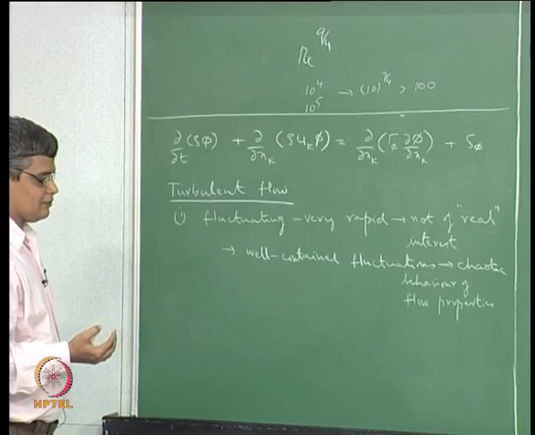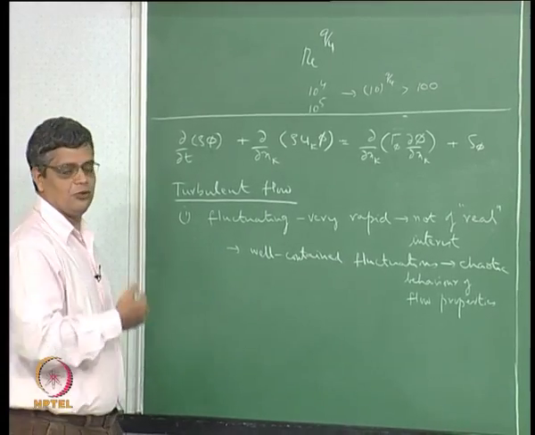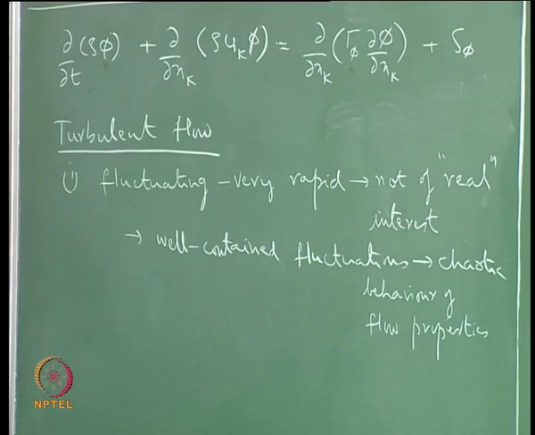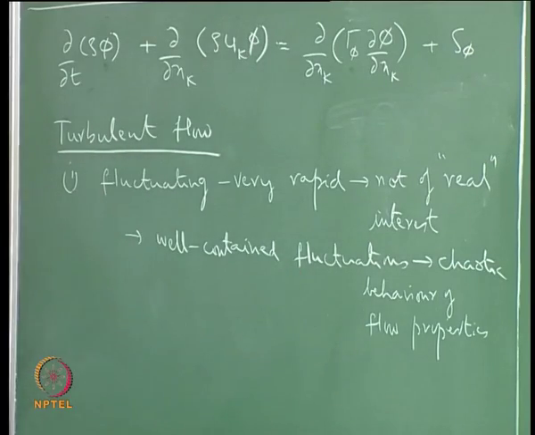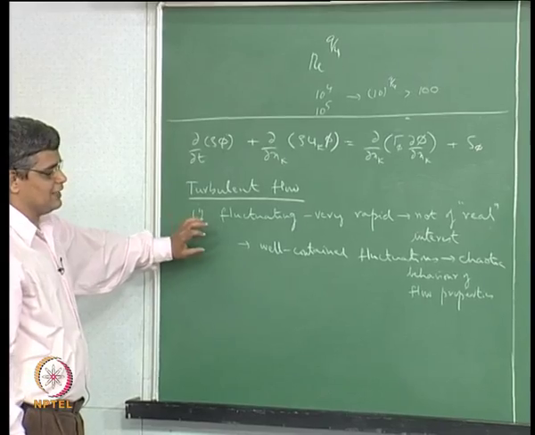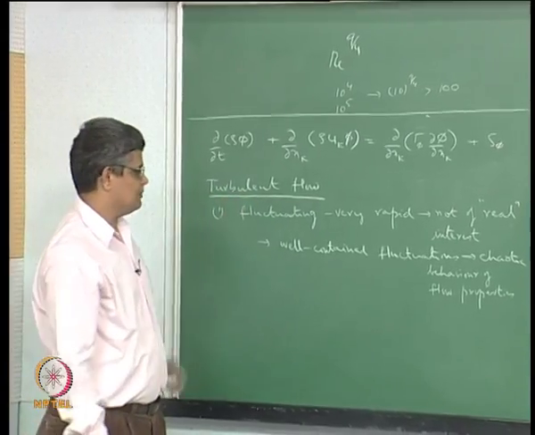Therefore, it is sufficient to know essentially the steady state, the average value of these flow parameters, and it is not necessary to know all the full details of this.